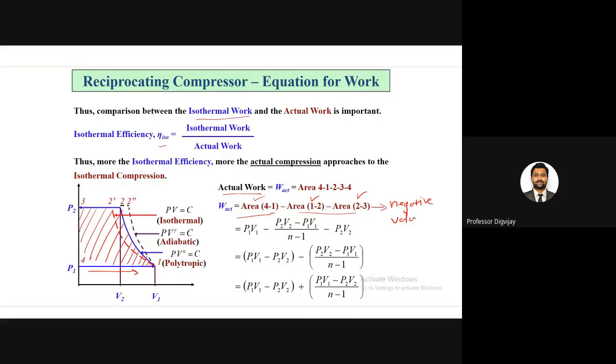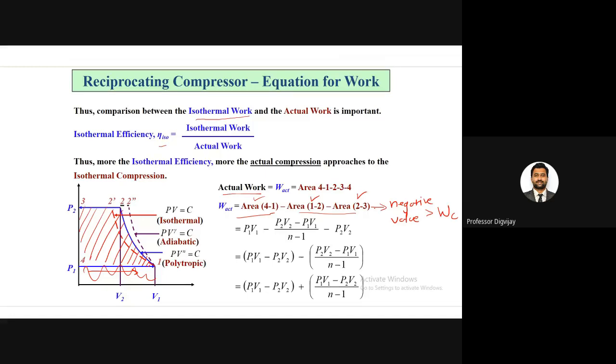This will again give you a negative value, because by looking at the diagram, you can see that this area 4 to 1 is very small compared to the other two areas. If you subtract a bigger area from the smaller area, that will always give you a negative value. Negative value means that will be your compression work. So compression work is always negative. If you calculate this way or the previous way, we will get the same value.